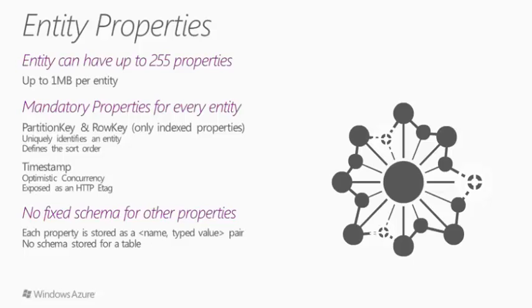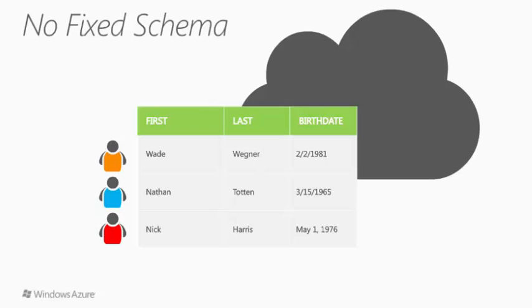And also another interesting point: for all records inside your tables you have no fixed schema. Let's go to the next slide, and as you see here, we have just a simple table. We have first name, last name, and birth date, but here you have the birth date in completely different formats. From the Azure table perspective, it's okay.